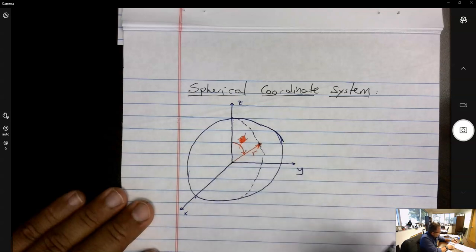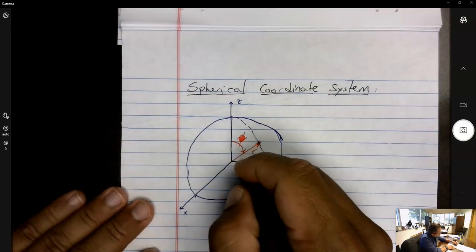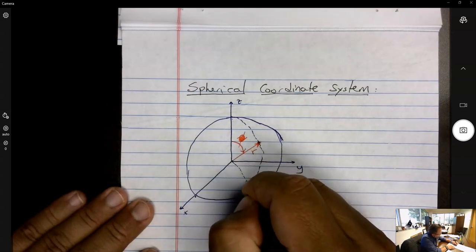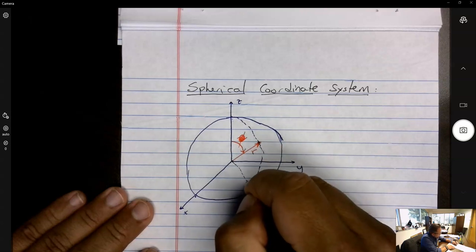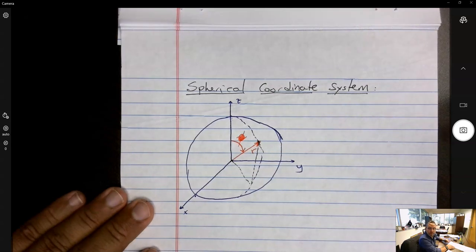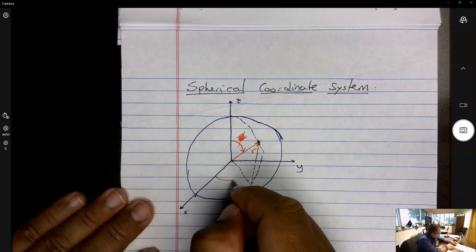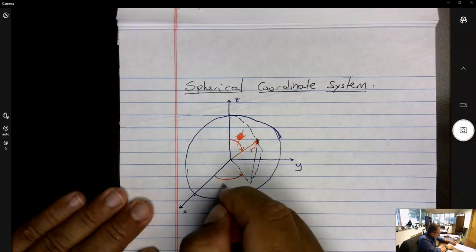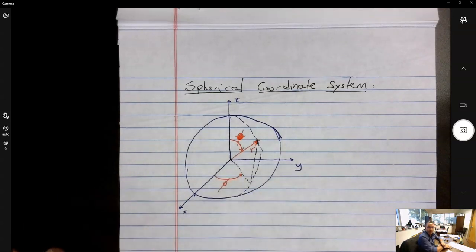Now I'm going to project this point on the sphere to the xy plane, and the angle with respect to the x-axis of the projection of the point onto the plane xy is the equatorial angle, phi.